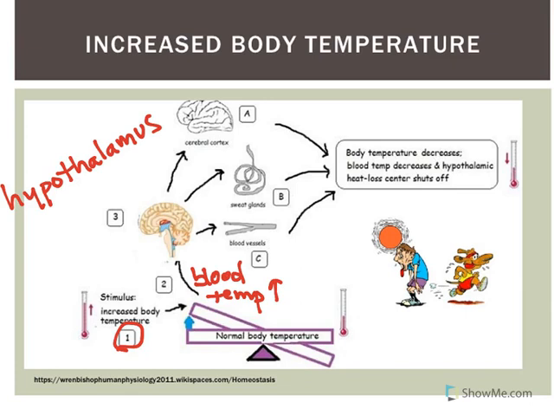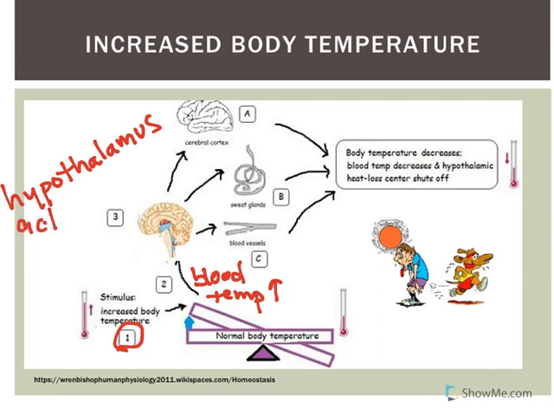As a means of detecting that increase in temperature, we have receptors within the hypothalamus that detect changes in temperature. We have heat receptors as well as cold receptors. The hypothalamus will detect that the temperature has increased, and it's going to activate what we call a heat loss center.